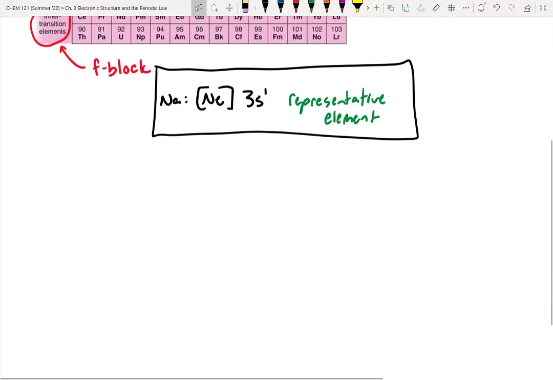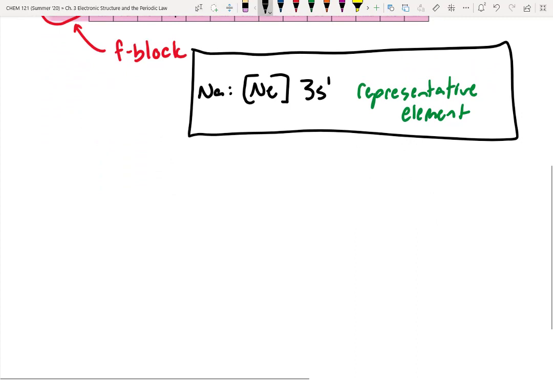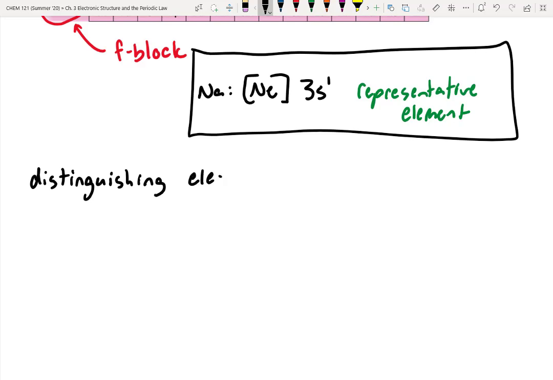I did want to bring up one other thing, and this is the distinguishing electron. Oh, I can't write today. The distinguishing electron is the highest energy electron in an element.